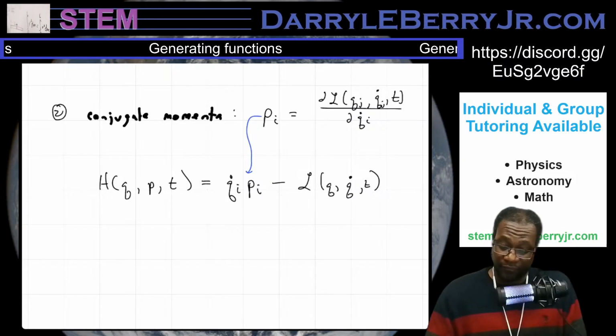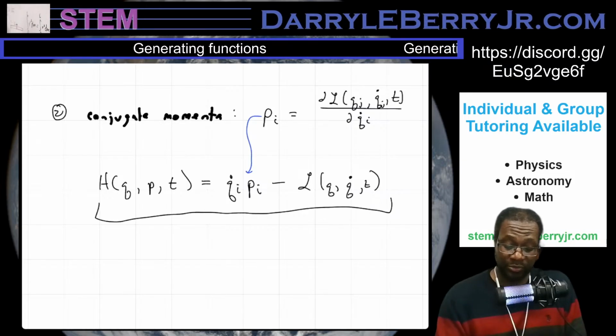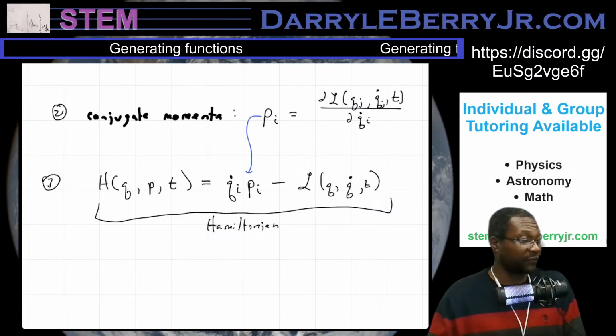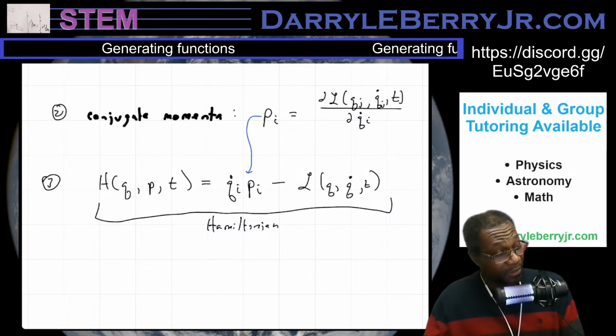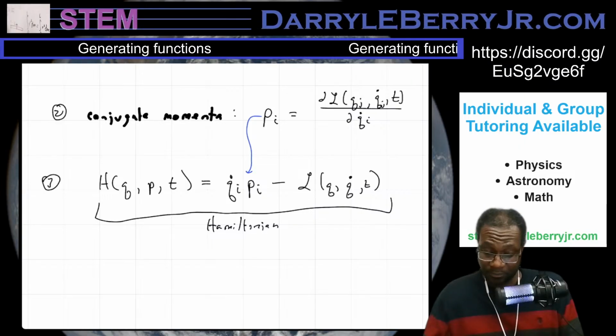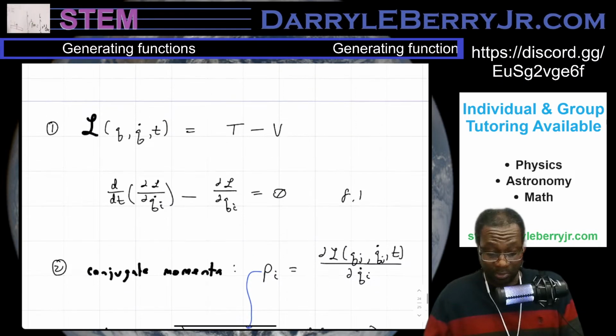So this function is what we're talking about as far as the Hamiltonian. I may have missed a few steps up in there. They give a long rendition of steps where the first one is to get the Lagrangian, which is T minus V, then the conjugate momenta.